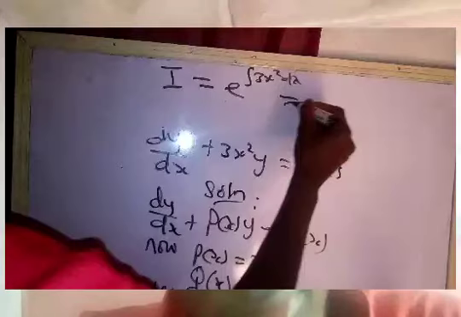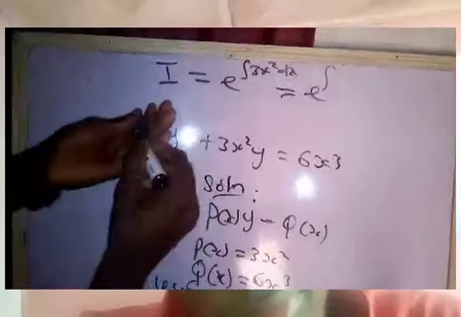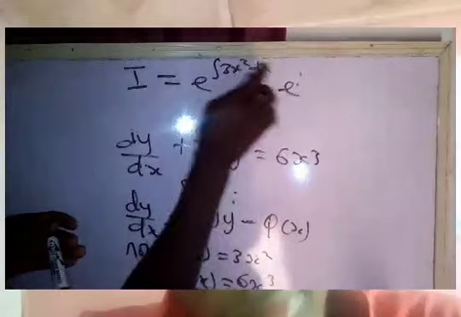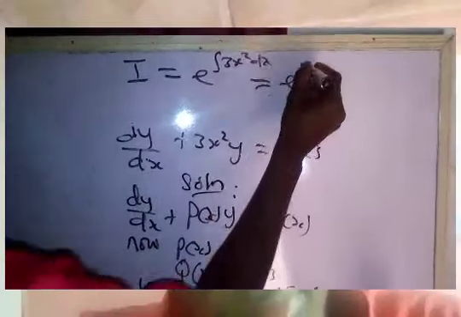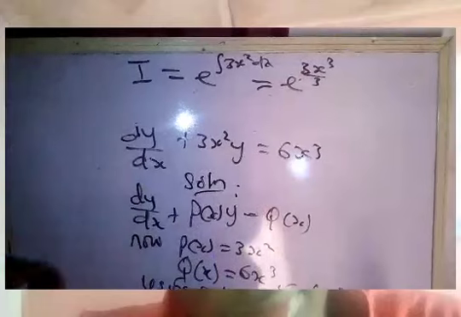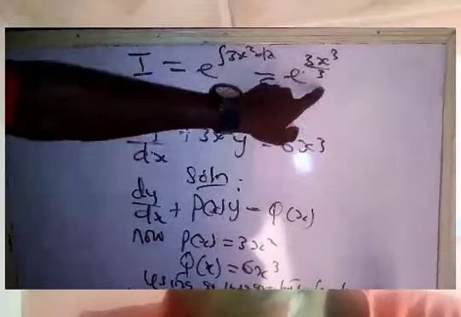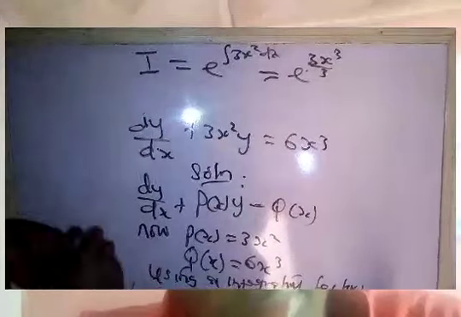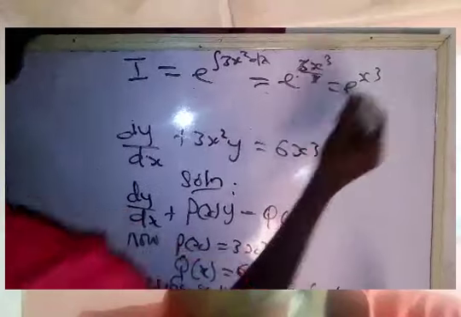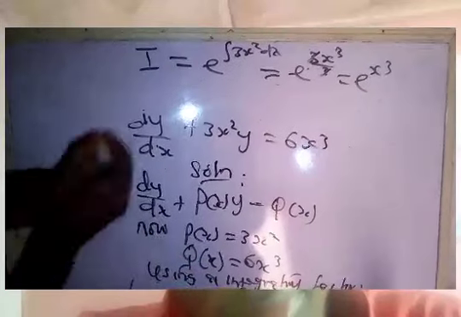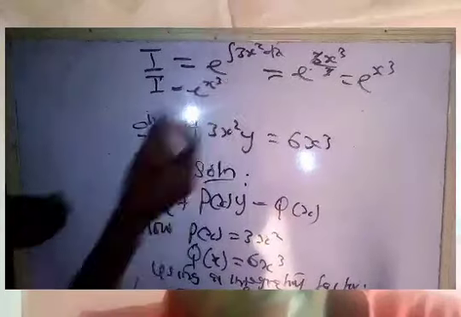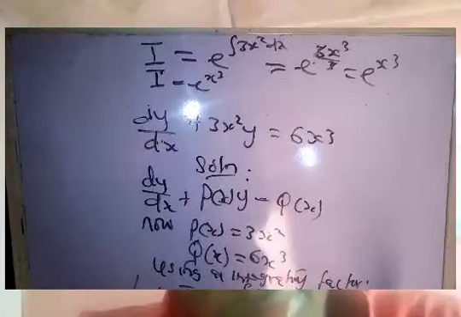The integral of this with respect to x is 3x cubed over 3, and the 3 will cancel out, leaving exponential x cubed. So our integrating factor I is e to the x cubed.